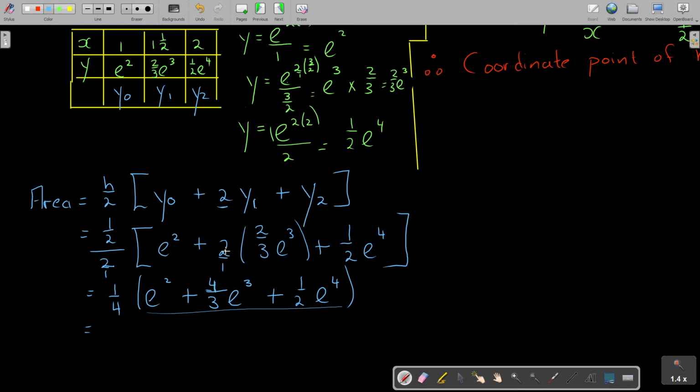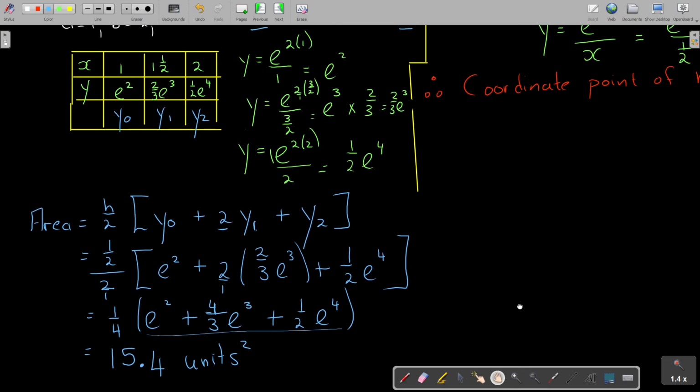Plus bracket 1 divide 2 and then multiply Shift E 4 close the bracket equals. You could even say 1 over 2 and then multiply by a quarter or just divide by 4 equals. And I'm getting, correct to 1 decimal place, remember, 15.4 units squared. Okay, and that's number B.